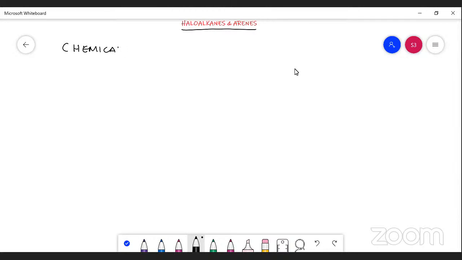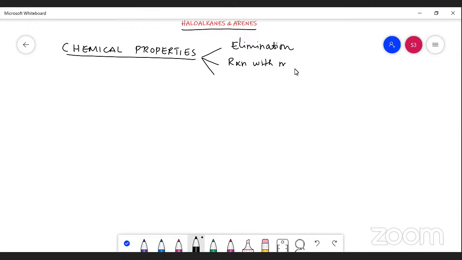Okay, so first let us take the chemical properties. We have already discussed substitution. So today we are going to discuss the chemical properties based on three types. The first one, elimination reaction. Second one, reaction with some of the metals.